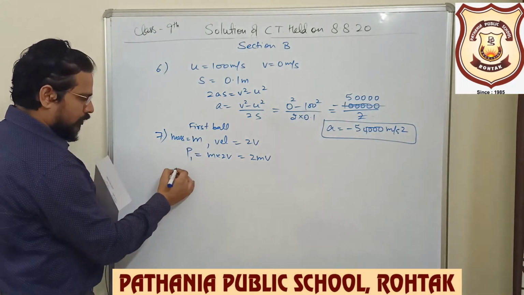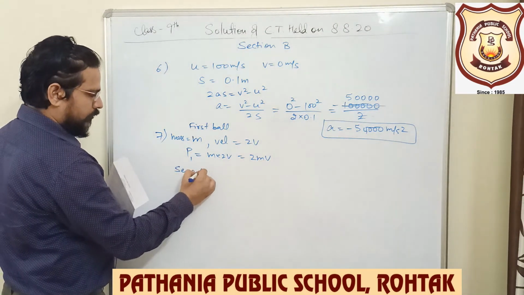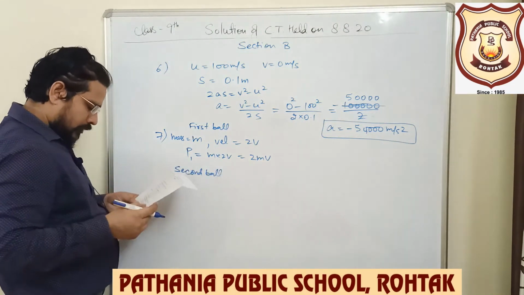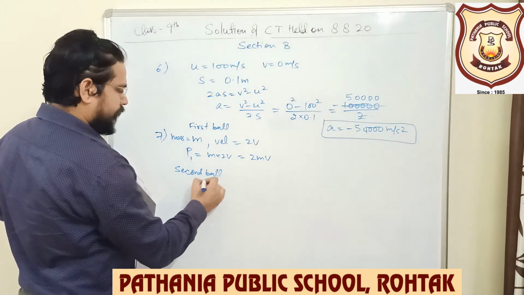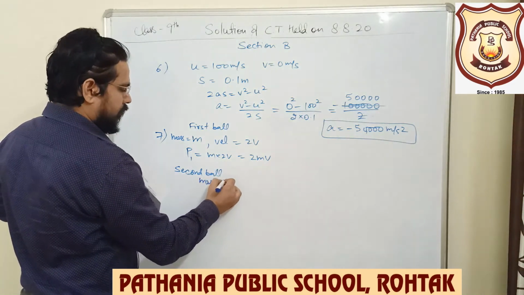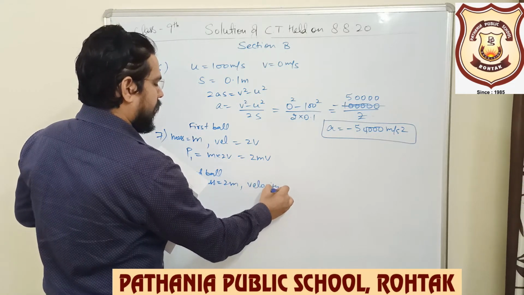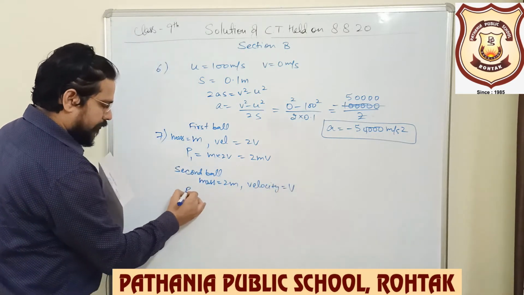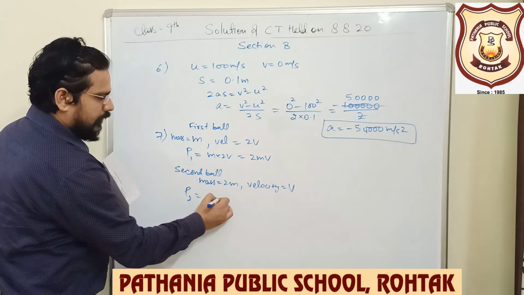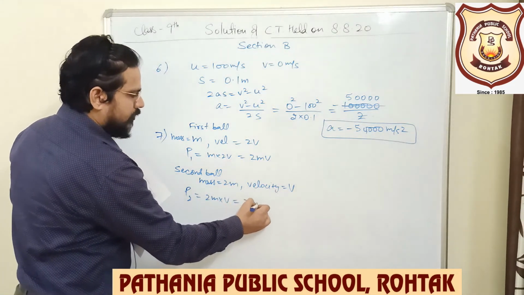For second ball, mass is given 2m and velocity is given v. So momentum p2 will become mass into velocity, that is again 2mv.